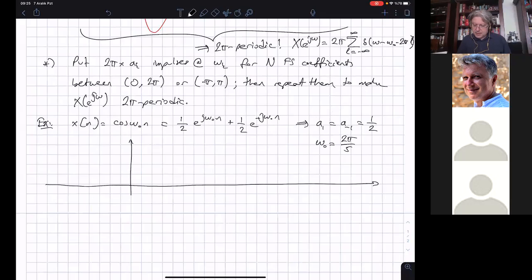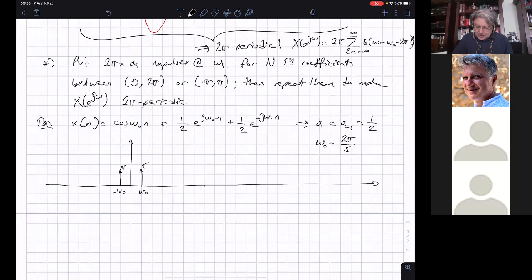So we have 2 impulses at omega 0 and minus omega 0, whose values are 1/2 times 2 pi, which is pi actually. Let's write it like this. Their value is pi and pi. One of them is at omega 0, the other one is at minus omega 0.